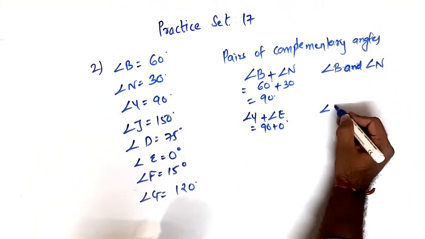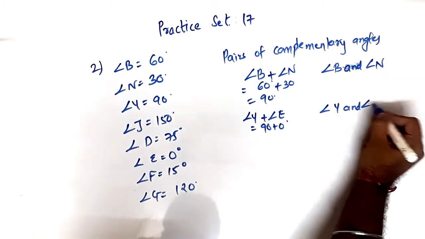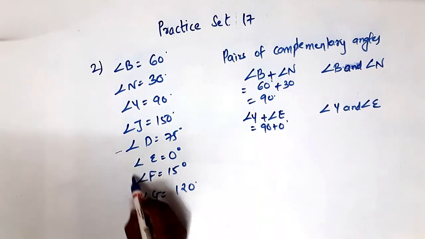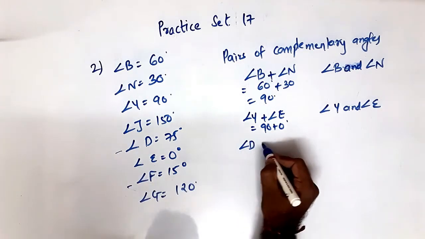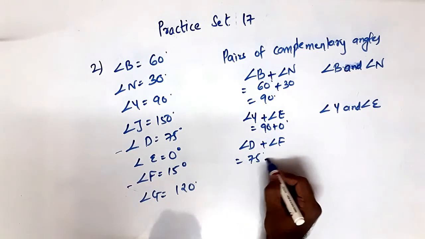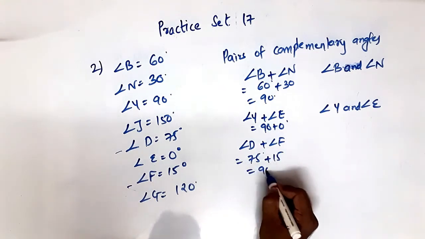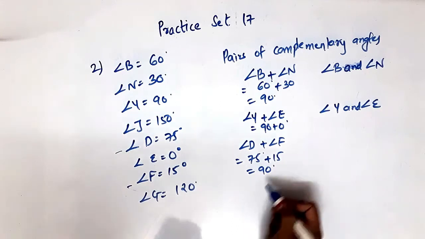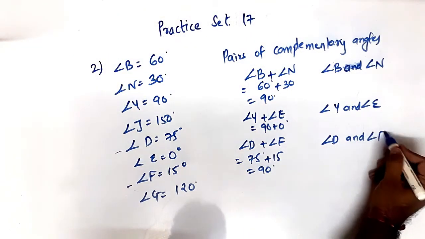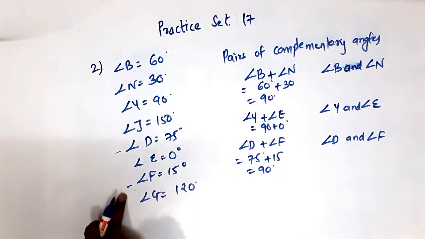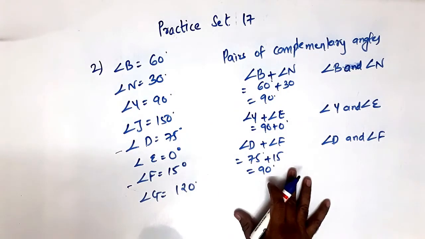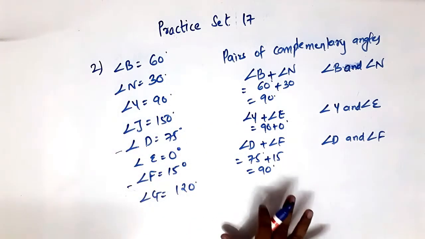Next I can take angle D plus angle F. If I take 75 plus 15, it will also be 90 degrees. So your third pair is angle D and angle F. I cannot make any other pair. These are the pairs of complementary angles that I can select from this.